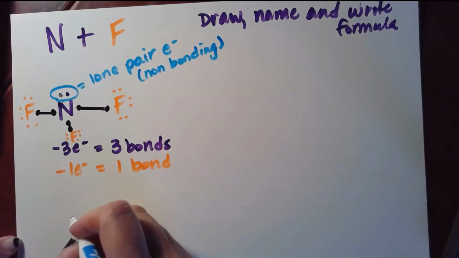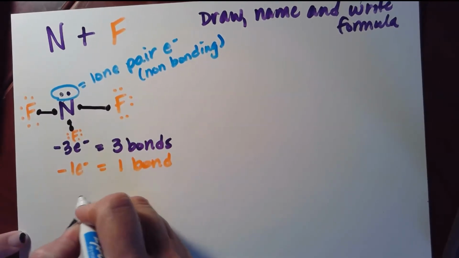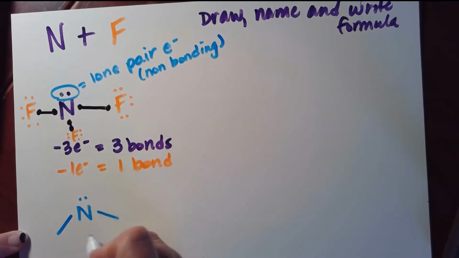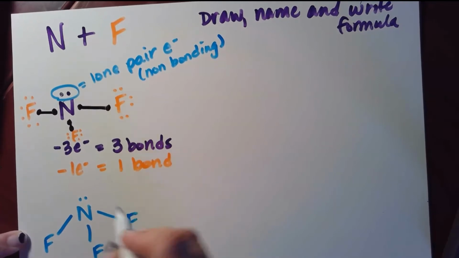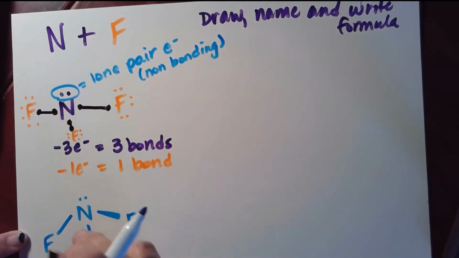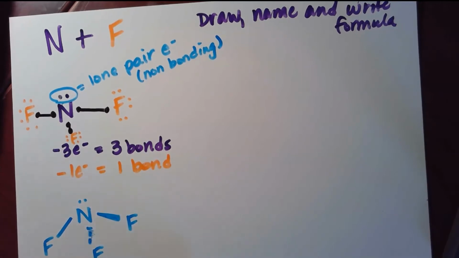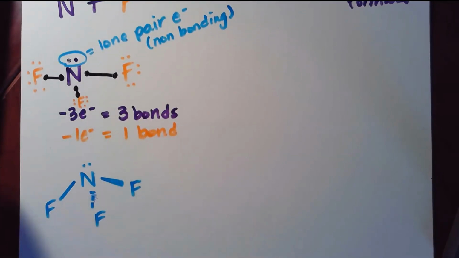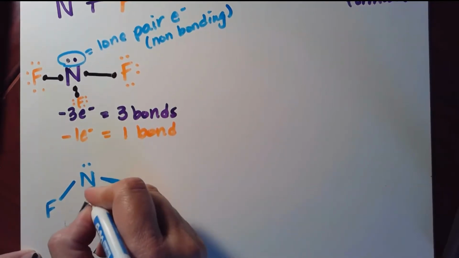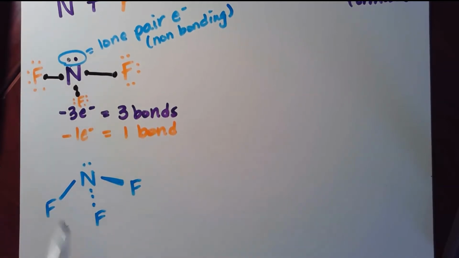So, for example, not that you need to know this right now, but because of those electrons, and we all know that electrons repel each other, in a three-dimensional model, it'll look something like this. One goes into the wall, one comes out at you, and one goes straight back.